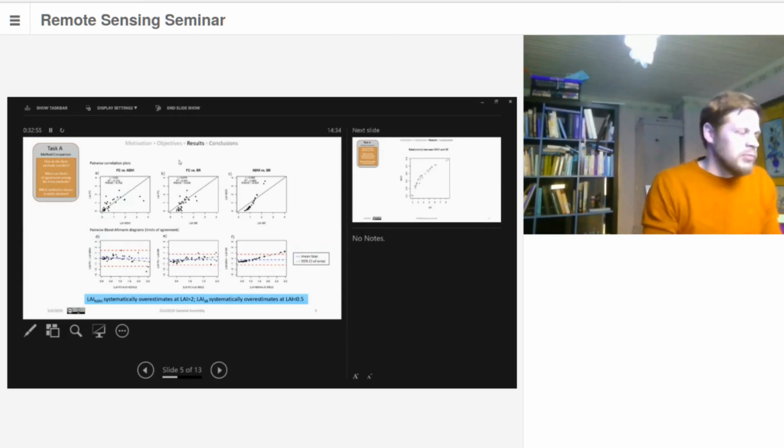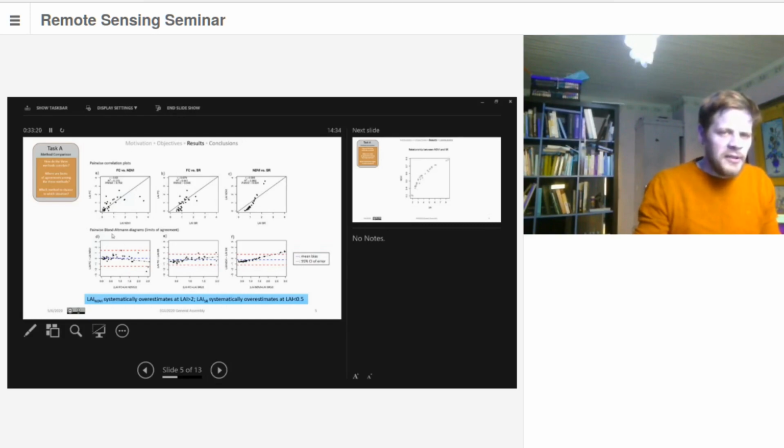Which is nice to know, because it shows that they are not producing random results. But you also see that you cannot really say something about the accuracy just by producing correlation plots, okay?